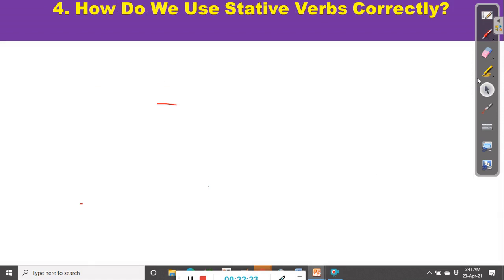Now, we come to our item number 4 on our agenda, and that is specifically how do we use stative verbs correctly? How can we use stative verbs correctly, and how are we not supposed to? We shall be looking at all these, because when people commit various grammatical errors, we will look at errors that are associated with the wrong use of stative verbs.